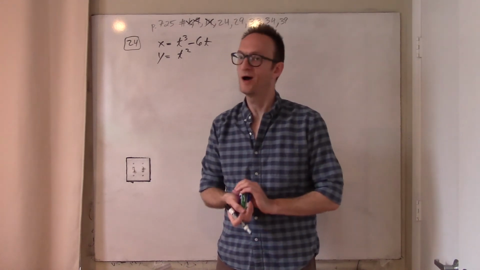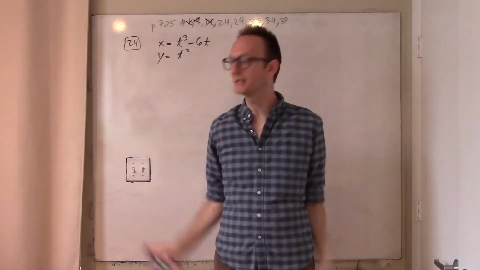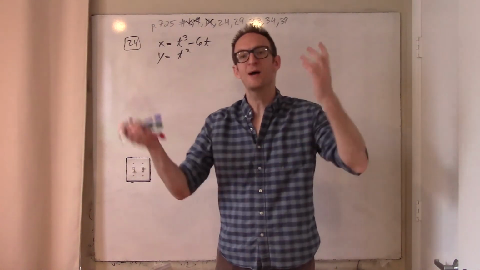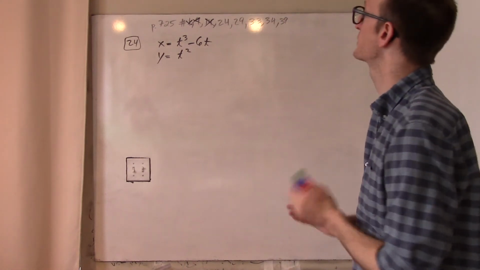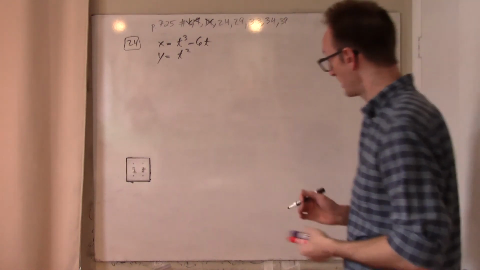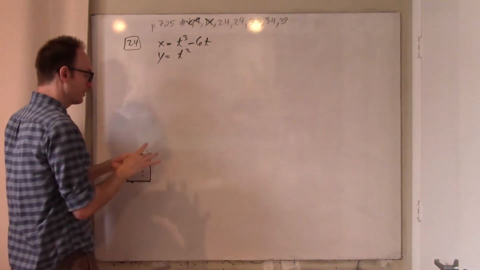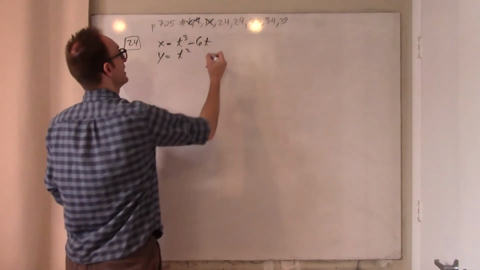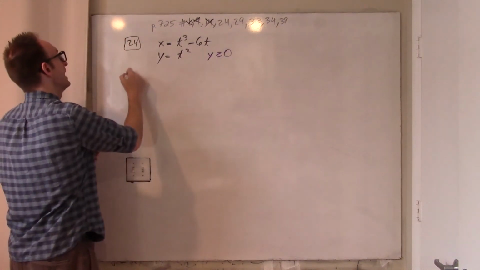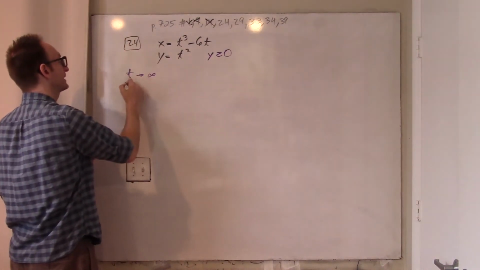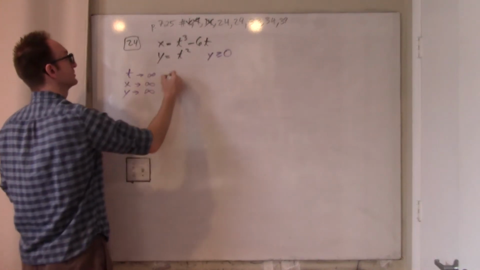So if you don't have any technology and you've never done a problem like this before, you might be just completely lost. How am I supposed to know where this curve crosses itself? Well, the only solution is to just get in there and do some work. So let's just do everything that we know how to do. What do I notice about this curve? I notice that the y coordinate is always positive. I can also very quickly see that as t goes to infinity, these are both going to infinity.